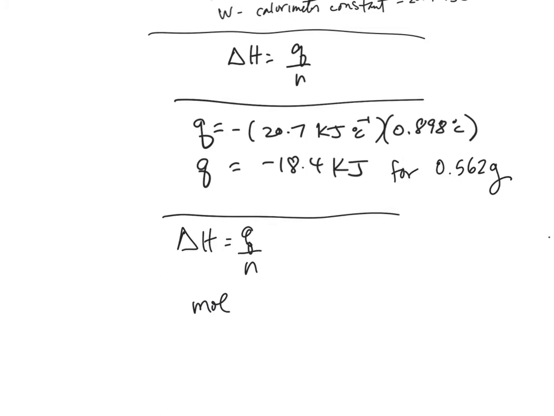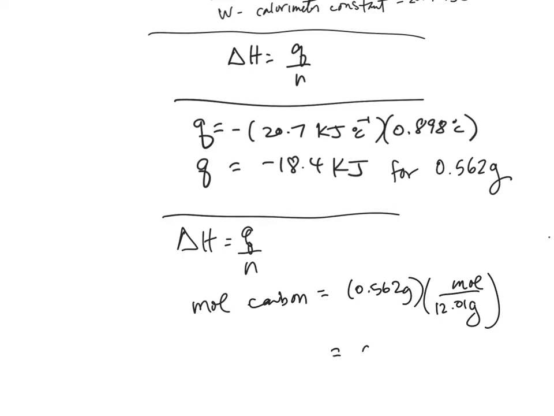And so we have moles of carbon, or moles of graphite, will be equal to the 0.562 grams. This is carbon, so it's going to be 12.01 grams of carbon per mole from the periodic table. The moles of carbon are 0.0467, graphite or carbon.